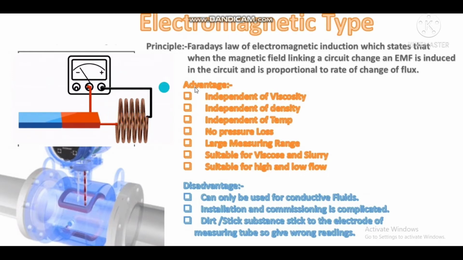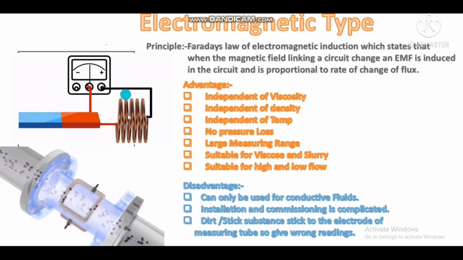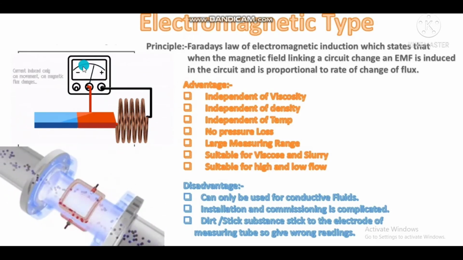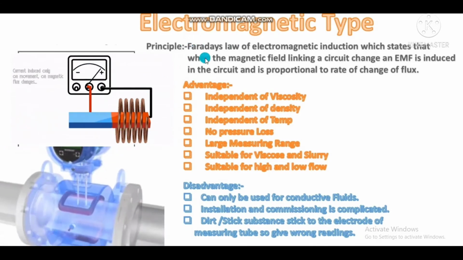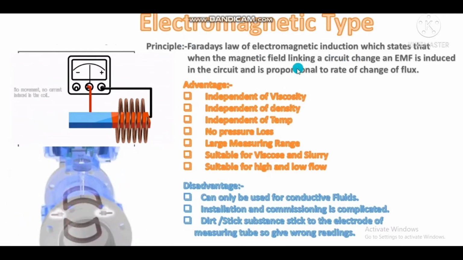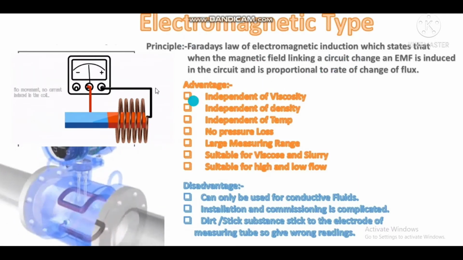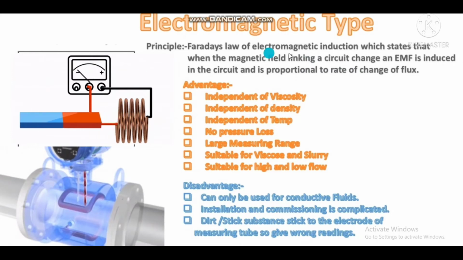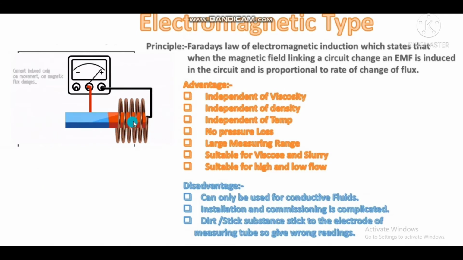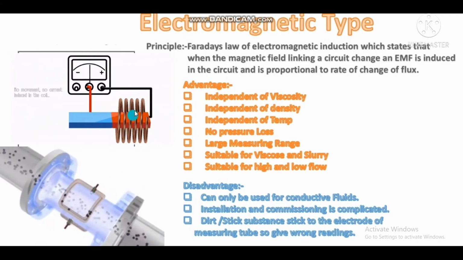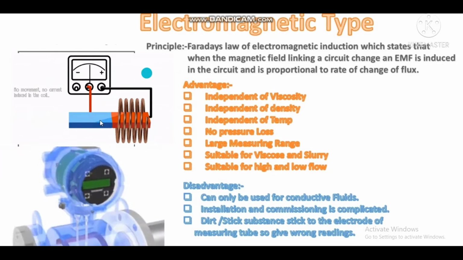This can occur when the magnet is closer to the coil, and when it is outside, it again gets to the stable position. So Faraday's law works on the basic principle that the magnetic field linking the circuit is always changing, and it is proportional to the rate of change of the flux. The flux which is created there gets changed when the magnet is in the coil. So this is the basic Faraday's law principle.